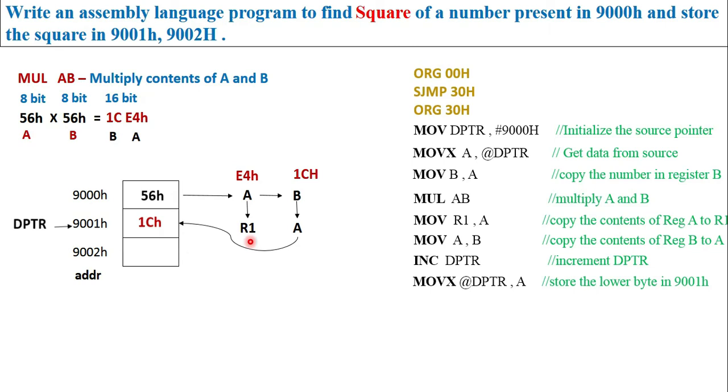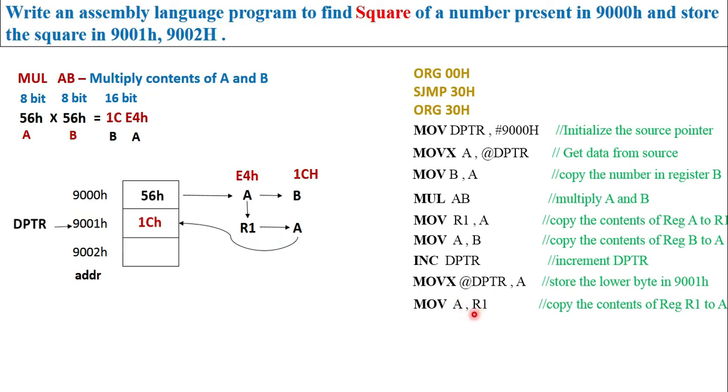Next, we need to store E4, which is stored in R1, into 9002. We know that we cannot directly store the contents of R1 or any other register directly into external memory. We need to copy that back into accumulator and then we should store. So to copy, the instruction is move from R1 to A. So it is MOV A, R1.